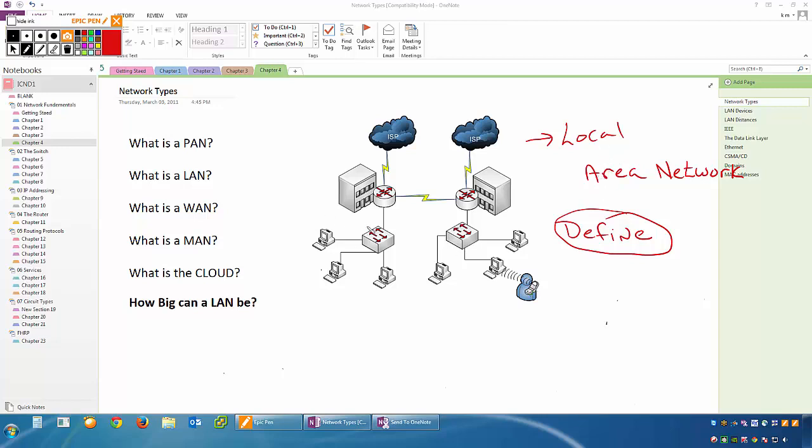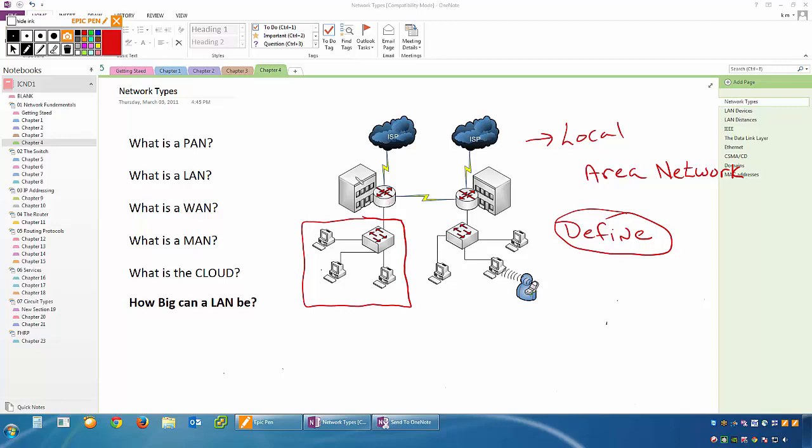Seriously. I mean, here we would consider traditionally a local area network is a network in the same building. Some consider a local area network being on the same subnet, being on the same network. Some feel that local area network is anything that we can get to within a walking distance.